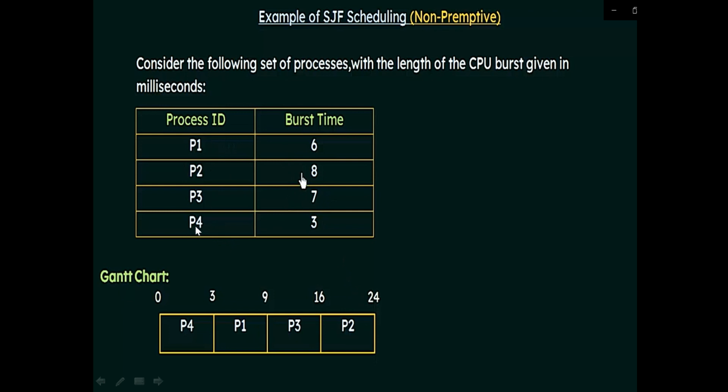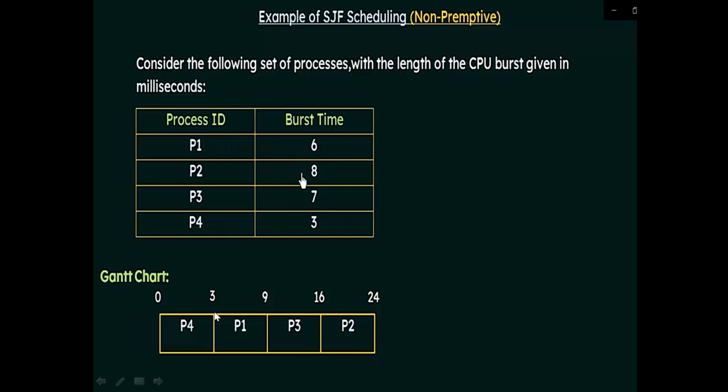Now after the completion of P4, again we find the lowest burst time. Among 6, 8 and 7, we have 6. So the CPU is allotted to P1.